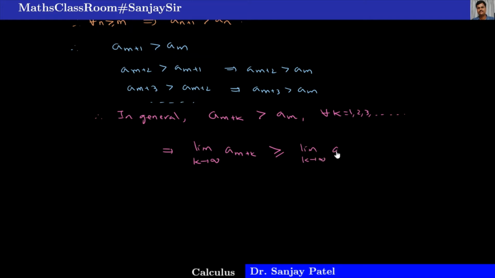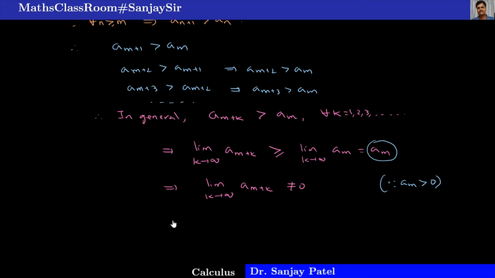And that means the limit as k tends to infinity of am plus k is strictly greater than 0. It is not equal to 0, because this limit is greater than or equal to am, which is strictly greater than 0. So this limit is not 0.